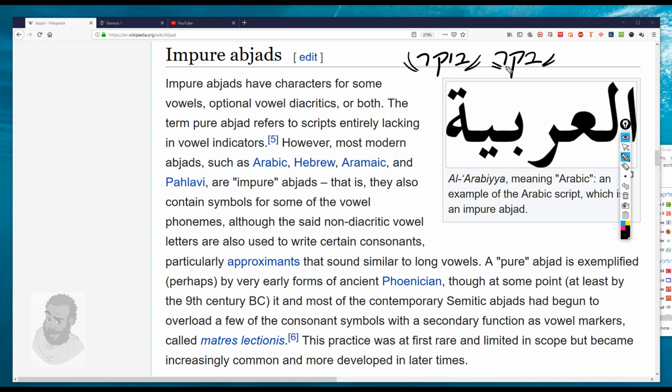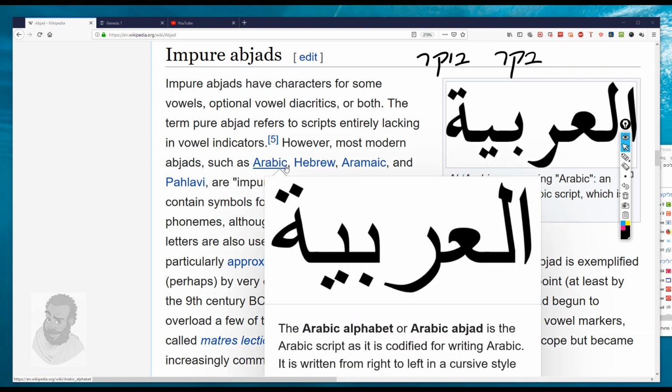This is more ambiguous, but it's pure. Now, the Canaanites would have written it more like this than this way. So I'll keep that up there just to give you a visualization.